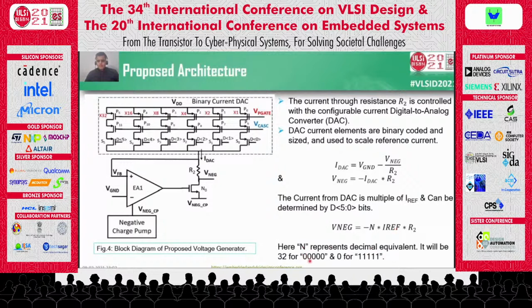It will be 32 for 000 and 0 for 111. And VP gate and VCAS are the mirroring voltage which is used to generate IREF current, and cascode voltage is used in the current mirror architecture to improve the efficiency of this current mirror.